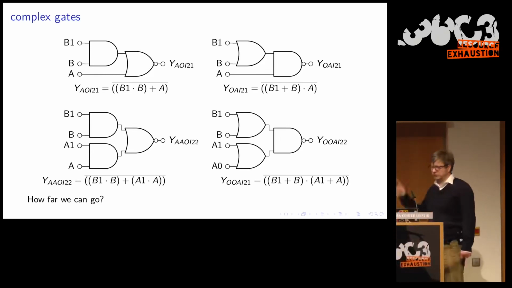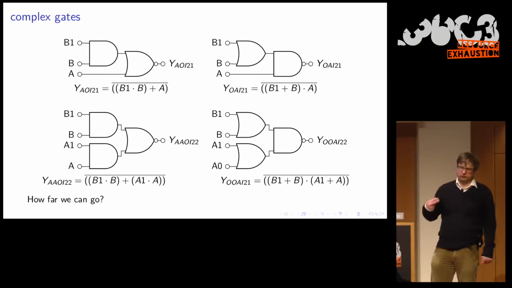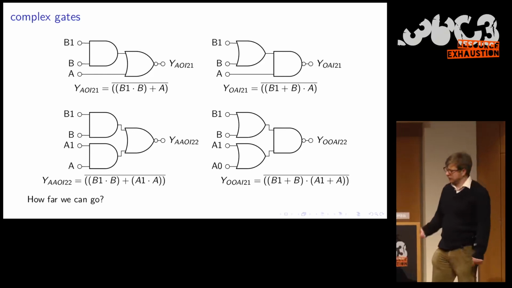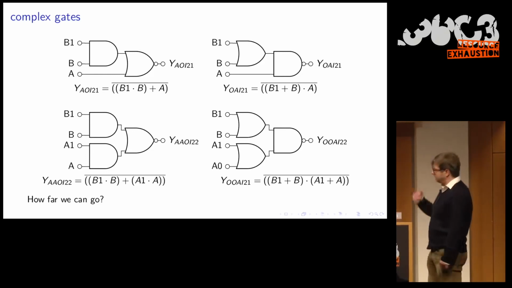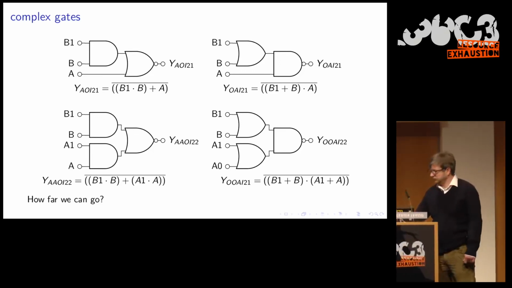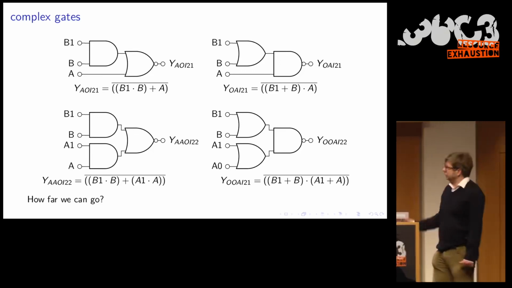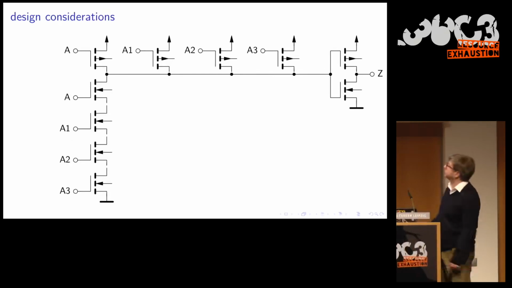And this principle of concatenating transistors such that this comes out, you can do this as far as you want. And I want to do more of these complex gates in the standard library.